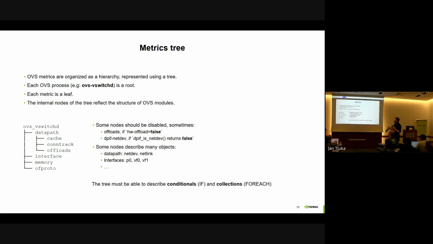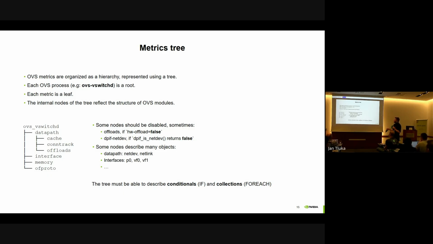Now I will describe how exactly those internal nodes work, because that's the difficult part about the framework. Let's say you have some features that are behind configuration nodes. For example, here you can disable or enable hardware offloads. So you have a special node of a conditional type where you say, if hardware offloads is disabled, then you do not create those offload metrics.